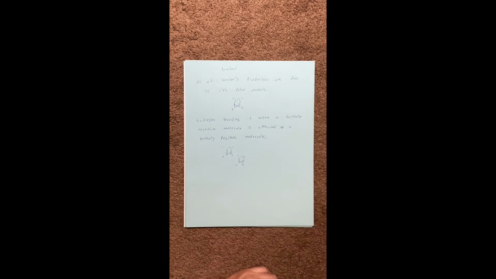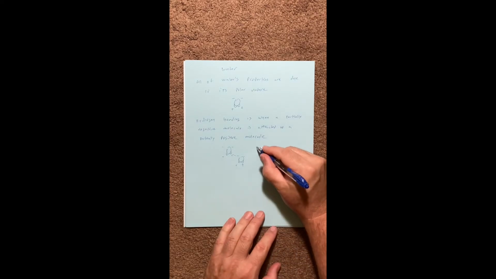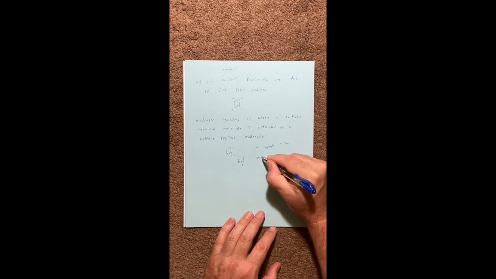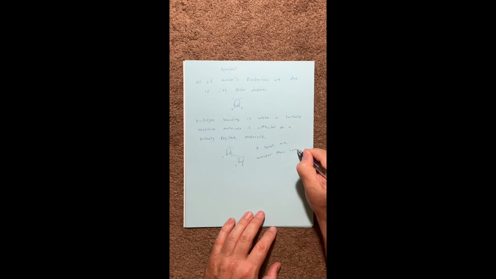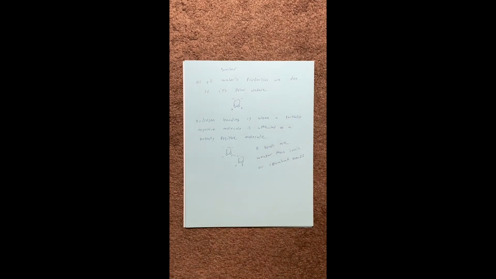We've got our partial negatives and our partial positives. This attraction is called a hydrogen bond. It is weaker than ionic or covalent bonds.